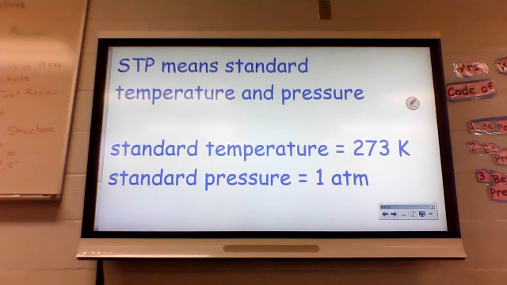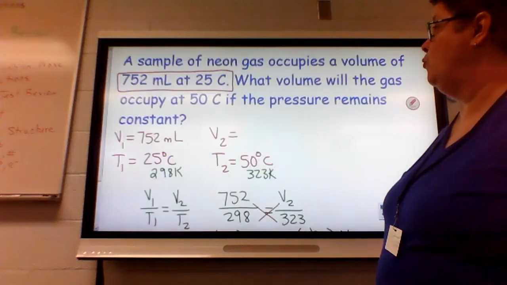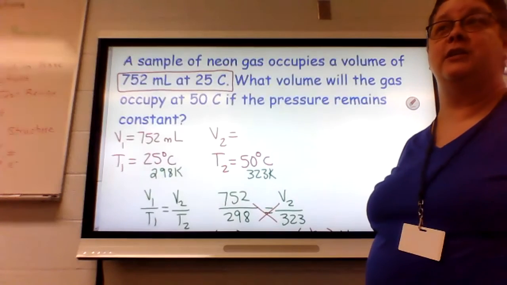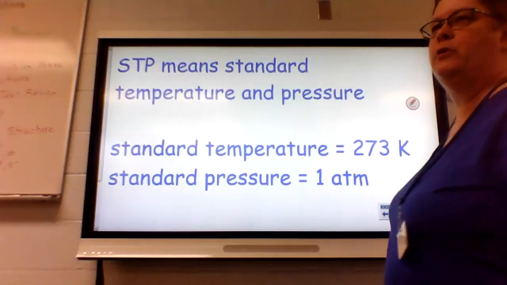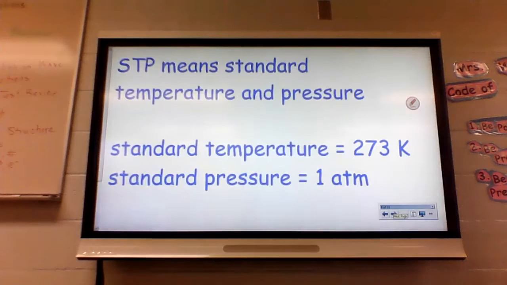It means 273 K. So instead of me writing, like I did here, that the temperature was 25 degrees Celsius, I might just say standard temperature. So if I say the words standard temperature, you have to know the temperature is what?